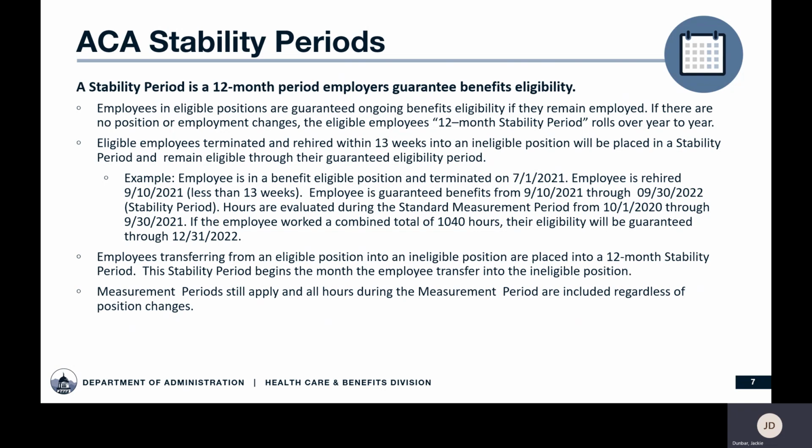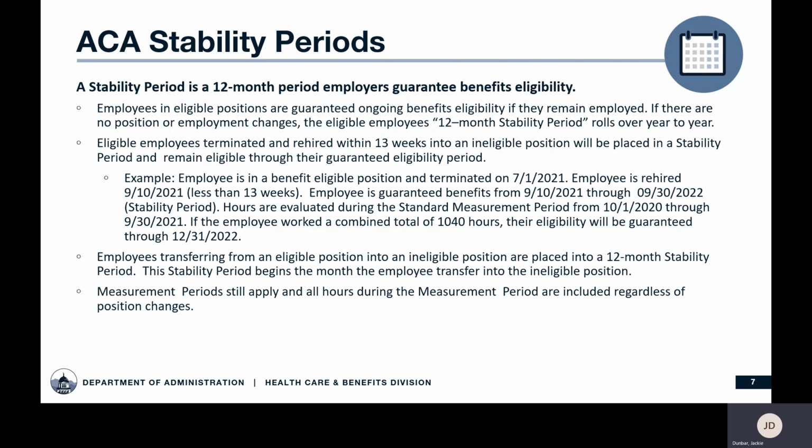Example, employee is in a benefit eligible position and terminated on July 1st, 2021. Employee is rehired on September 10th, 2021, which is less than 13 weeks. Employee is guaranteed benefits from September 10th, 2021 through September 30th, 2022, which is the stability period.